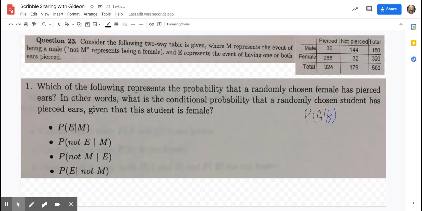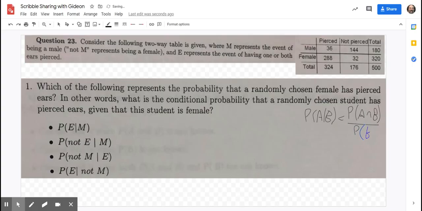The probability of A given B is going to be equal to the probability of the intersection of A with B, the amount of A that's inside B, divided by the size of B.